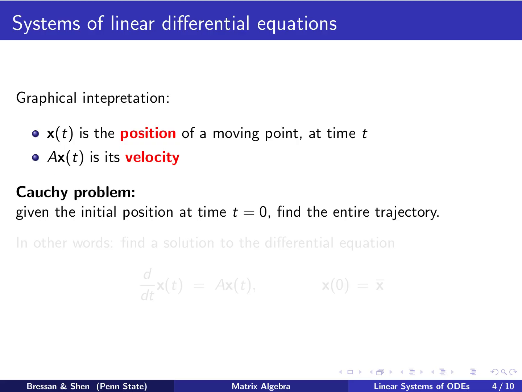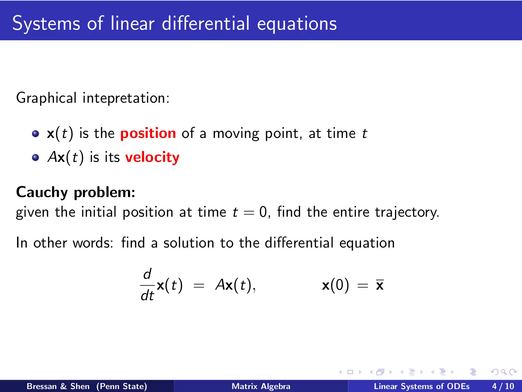Some terminology: a Cauchy problem means more or less an initial value problem. Given an initial position at, for example, t equals 0, we wish to find the entire trajectory of that point that's moving following the description of your differential equation.